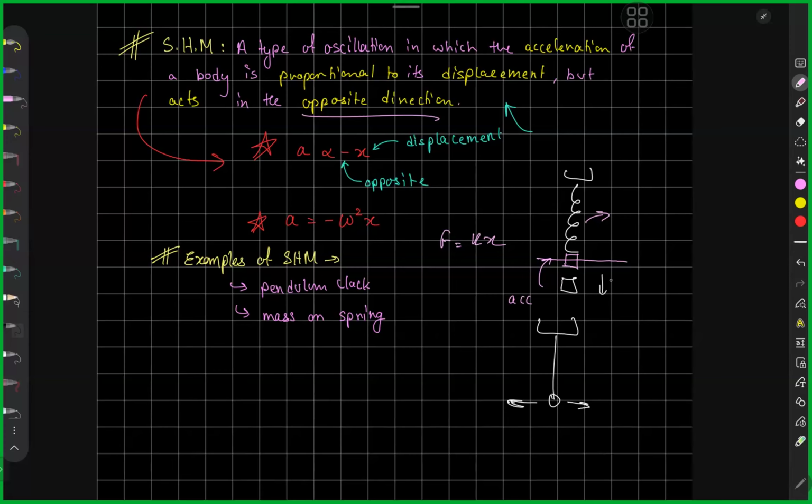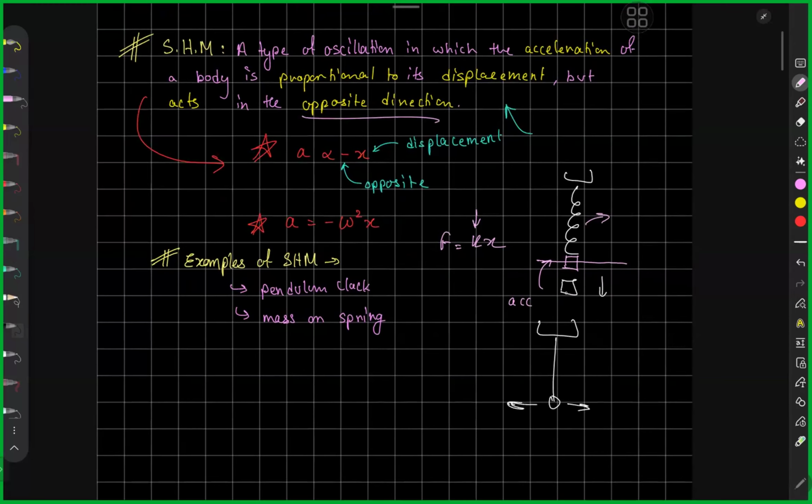When you extend the object, there's a force upwards on the mass. Why? Because you've extended the spring, so the spring wants to pull up the mass. Got it? And how can we quantify that? The spring constant of this spring times however much displacement you have caused by moving the object. So this displacement x times the k is the force with which your mass is being pulled. Got it?